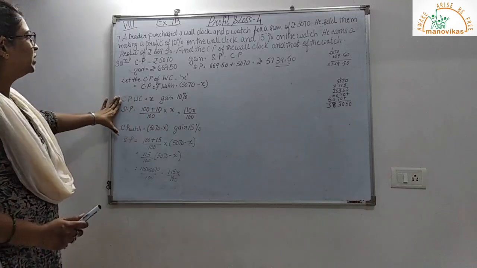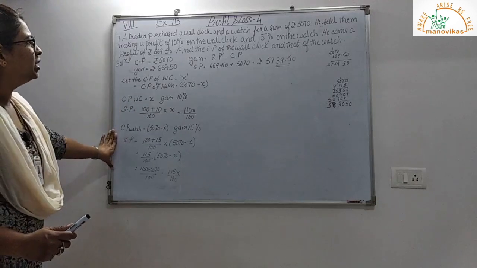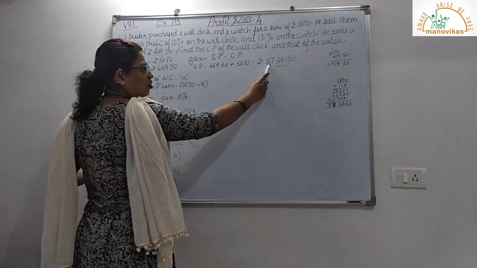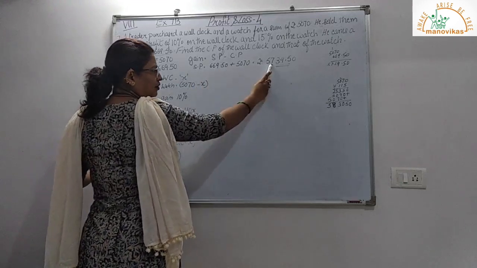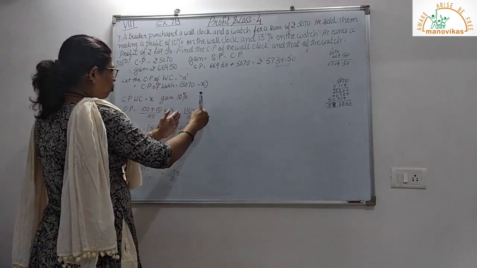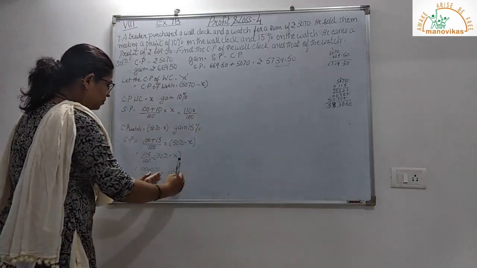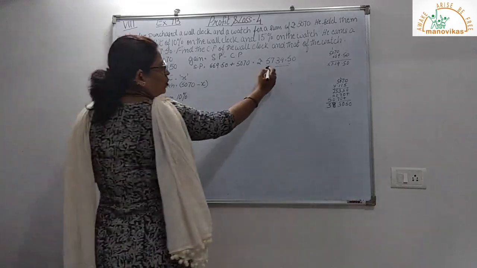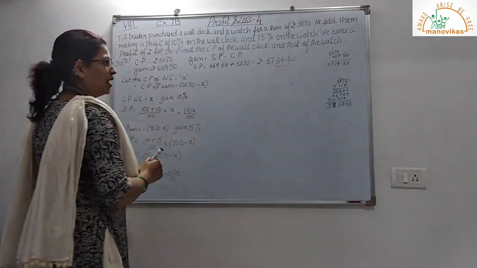Now what have they told us about the selling price? We have found the total selling price for both the items. So the sum of the selling price of the wall clock and the selling price of the watch can be equated to the total selling price.